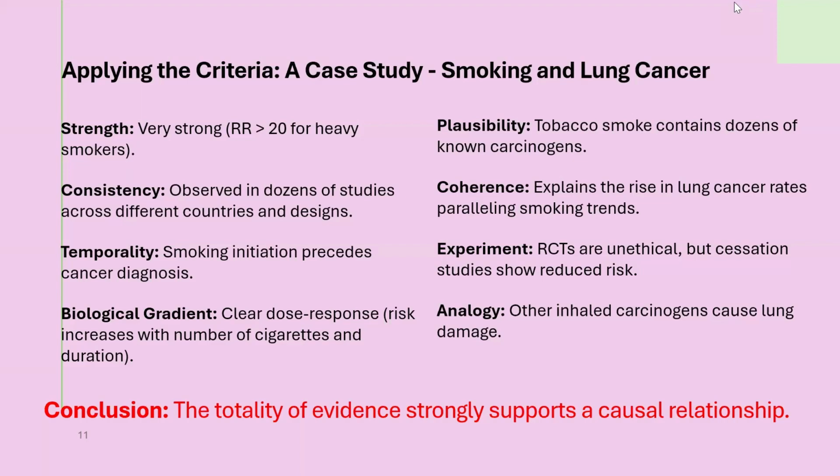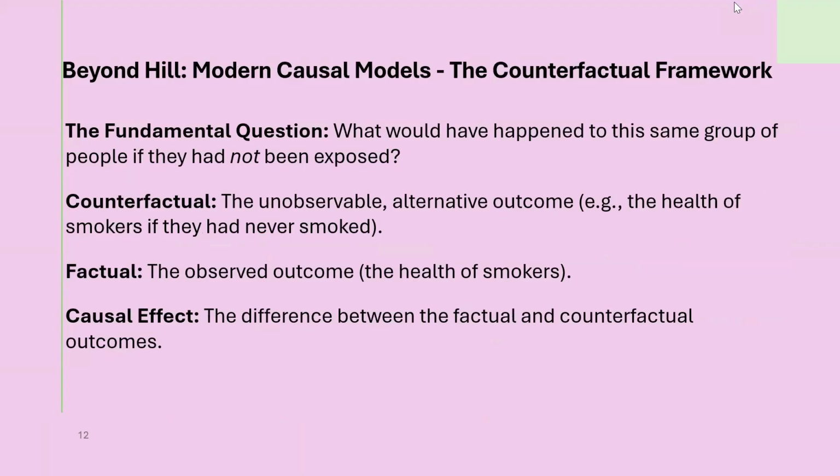So that is how we're able to use the Bradford-Hill criteria to establish some level of causality. But again, remember, Bradford-Hill himself said this is not a hard and fast rule. These are just parameters that we use to increase the plausibility of causality between exposure and outcome.